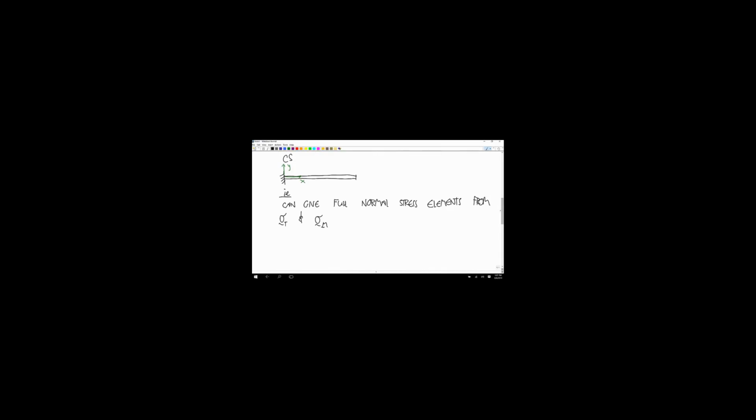And we can do whole problems as long as all you have is tension, compression, and bending moments. So let's do an example.